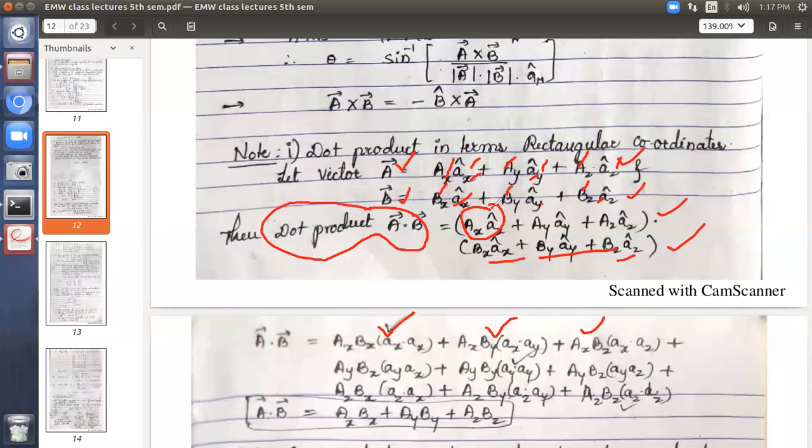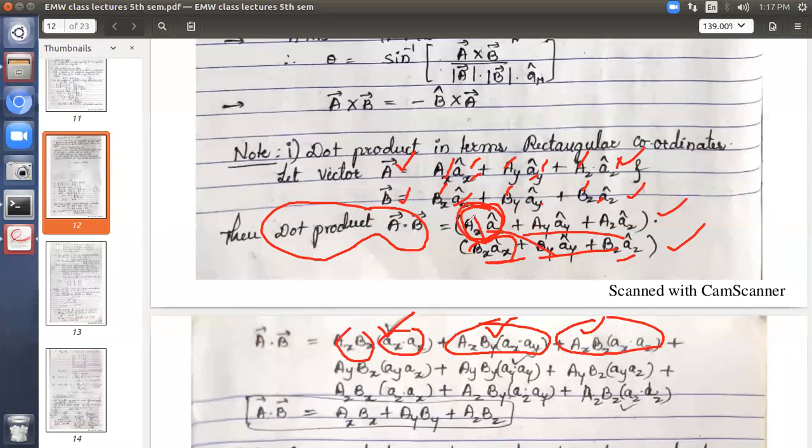When I multiply the first term with the first, you get AX, BX. This is the first term. Then this is your second term, then this is your third term.